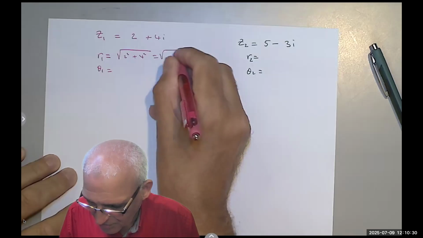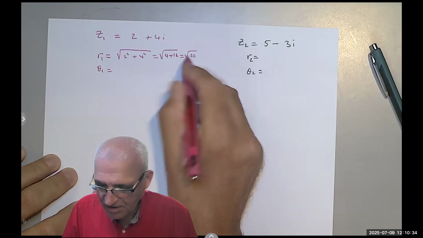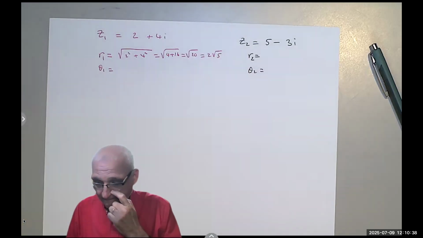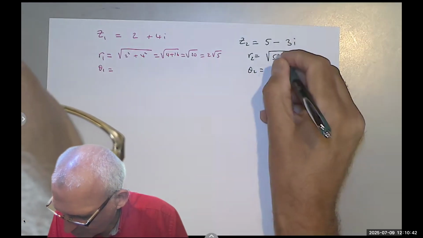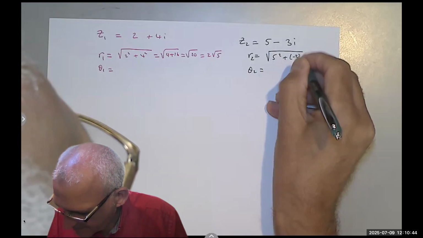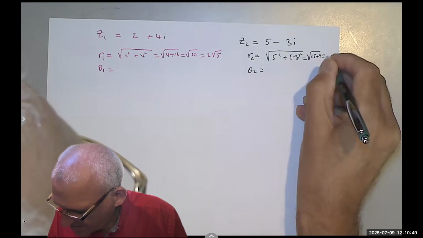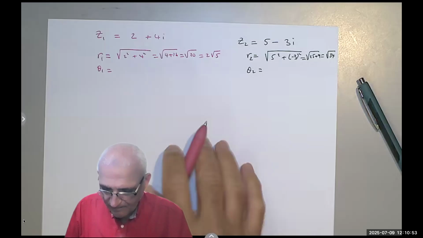It's the square root of 4 plus 16, the square root of 20, but 20 is 4 times 5, so you can write it as 2 root 5. Here, it's the square root of 5 squared plus negative 3 squared, which equals the square root of 25 plus 9. It's root 34. We cannot simplify it anymore.